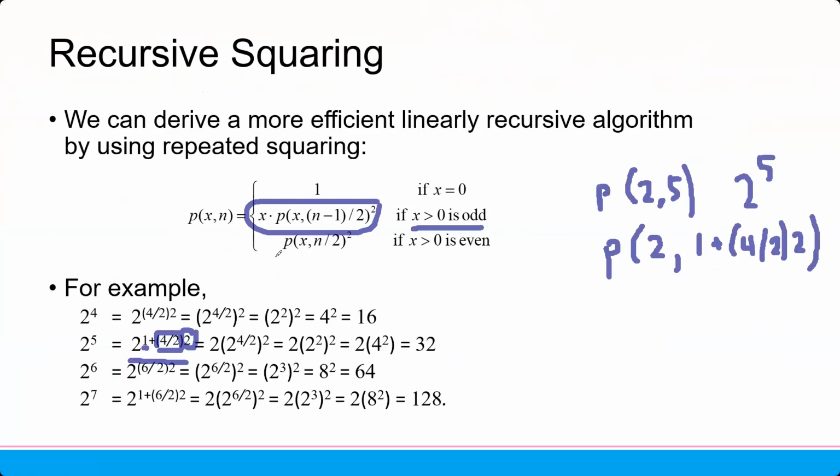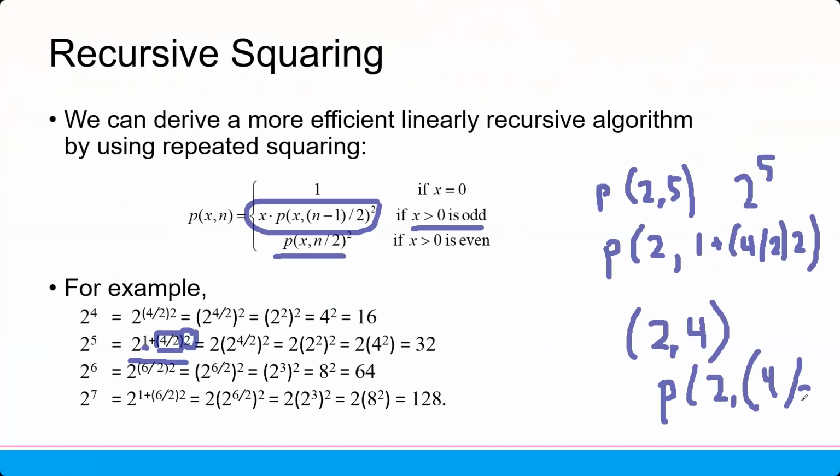But when n is even, let's say p(2, 4), then we can just have p(2, 4 divided by 2) multiplied by 2.